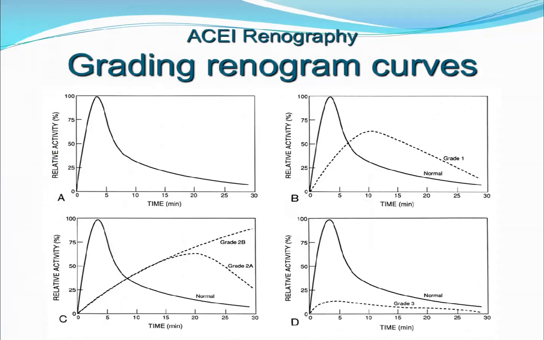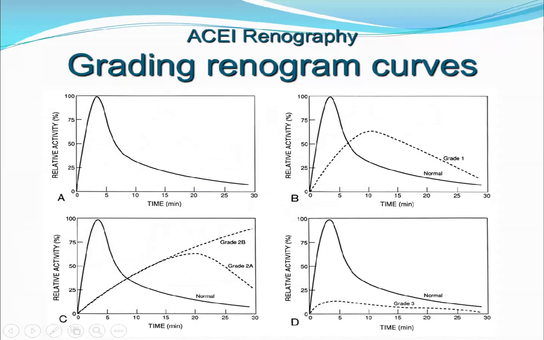Grading of renogram curve in cases of ACE inhibitor. This is the normal curve, and this is the grade 1 curve as the last case, where there is a flat peak with some descent, and grade 2A, some descent with flat peak, and grade 2B, where there is marked parenchymal retention of the tracer with a flat rising curve.